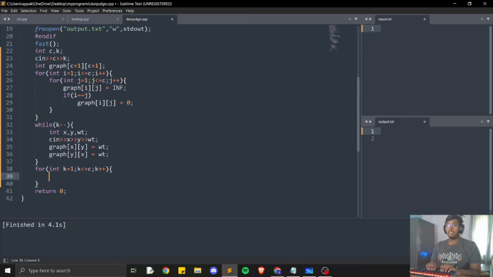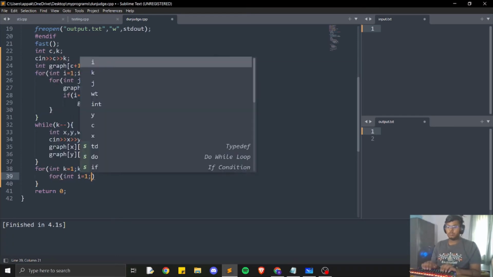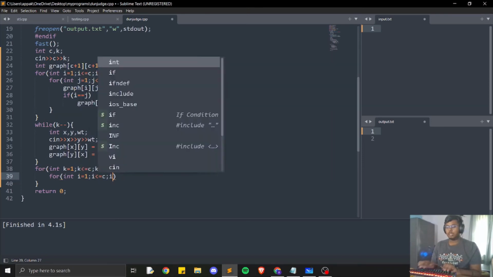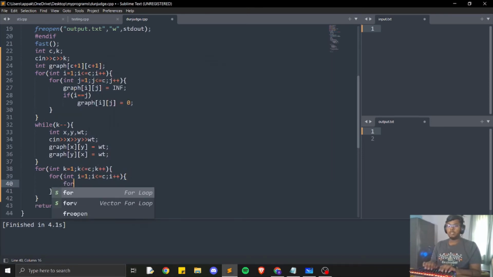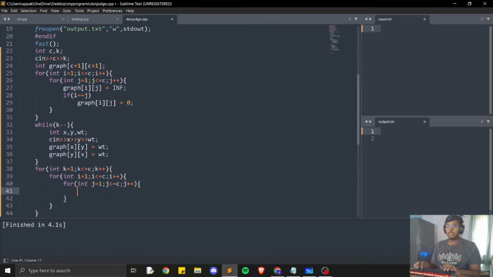The second and the third nested loops will be for the graph. So for int i equals 1, i is smaller than or equal to c, i plus plus, and for int j equals 1, j is smaller than or equal to c, and j plus plus. So basically here k refers to the number of nodes we can use to move to the shortest path, and i and j refer to the nodes of the graph.